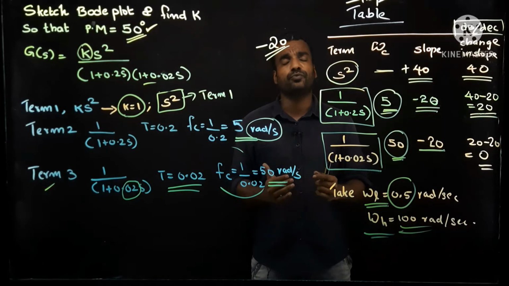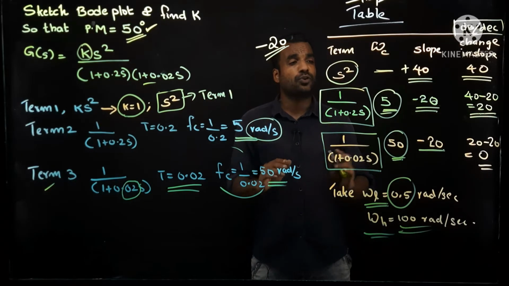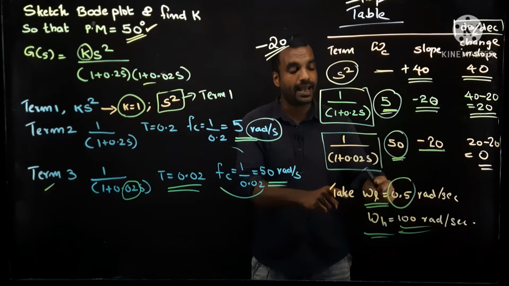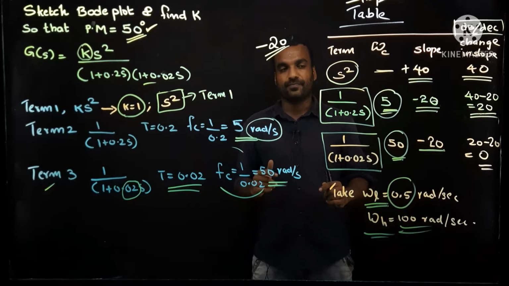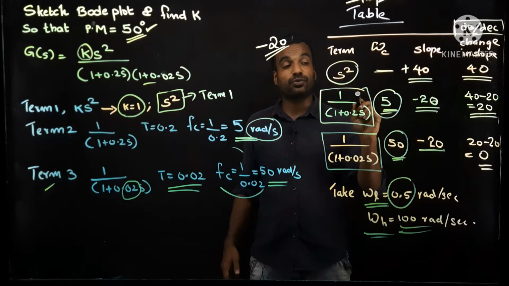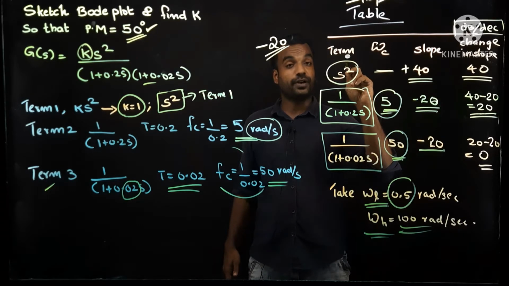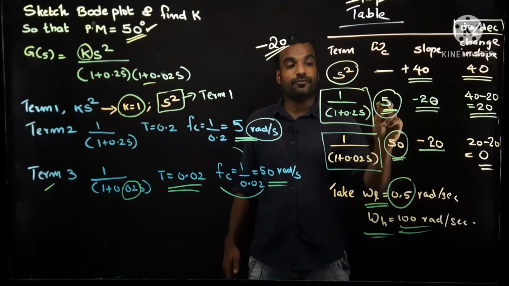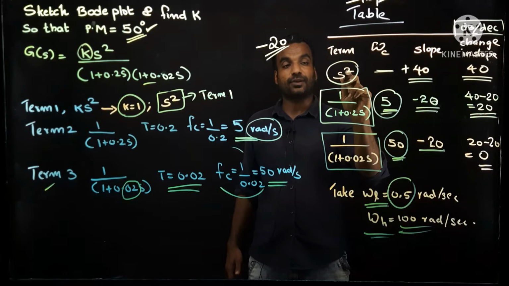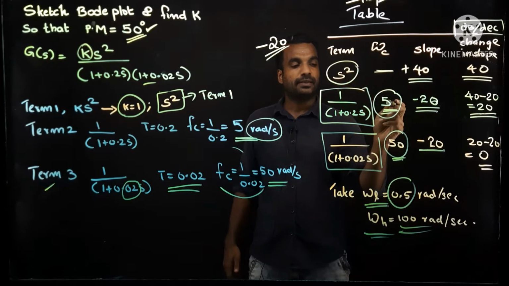Now we are moving to find the magnitude for all these corner frequencies and omega L and omega H. How many magnitudes do we have to calculate? Up to 5, we have to calculate the magnitude corresponding to the initial term.